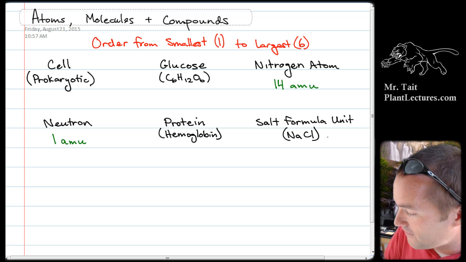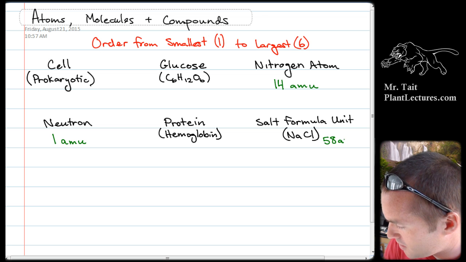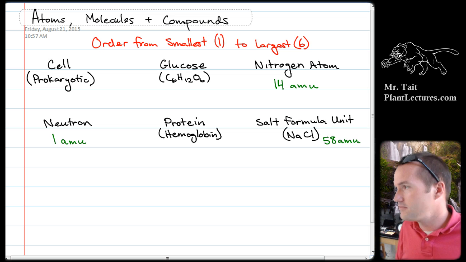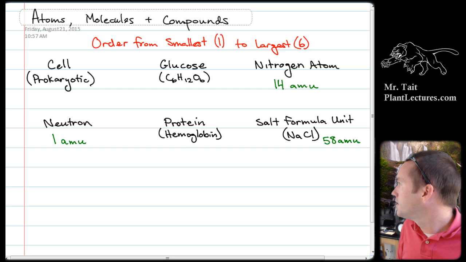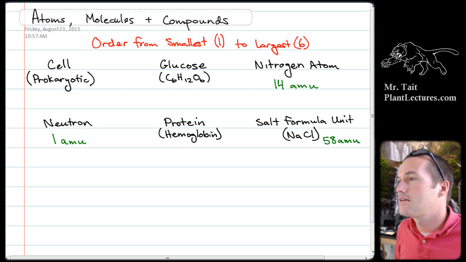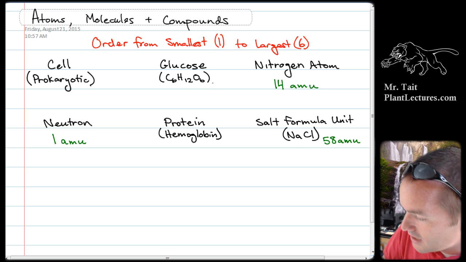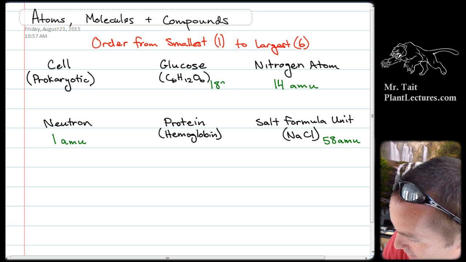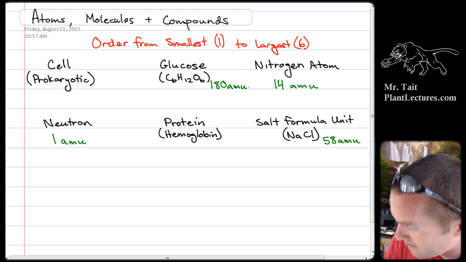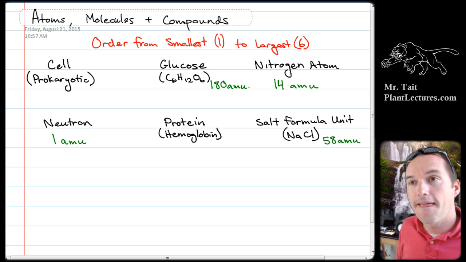Salt formula unit is 58 AMU. Right? What's next? What do you think? Glucose is about 180 AMU. What's next?